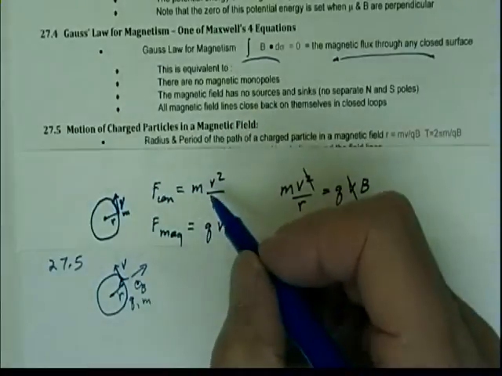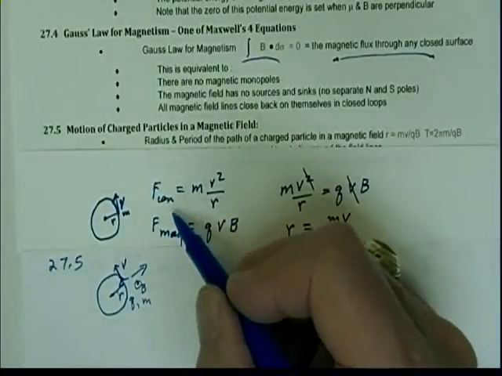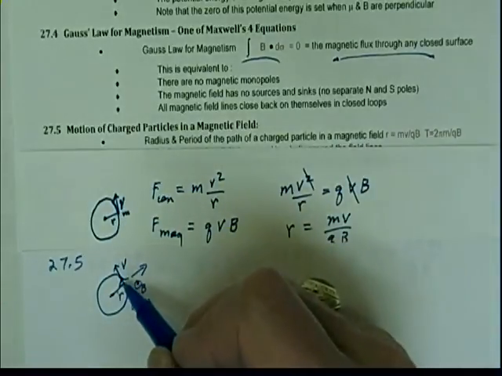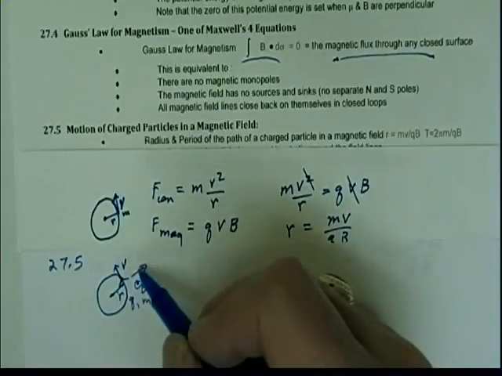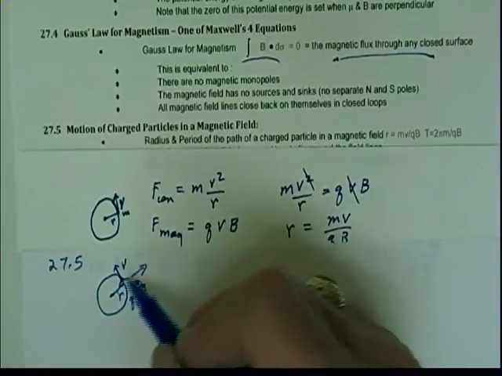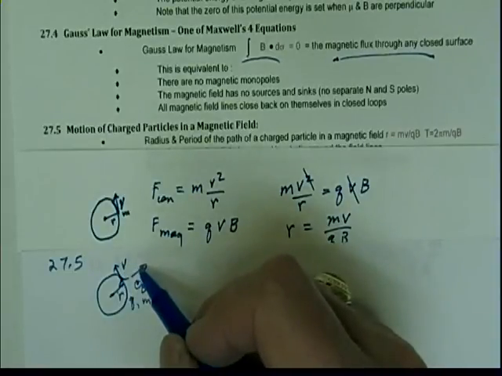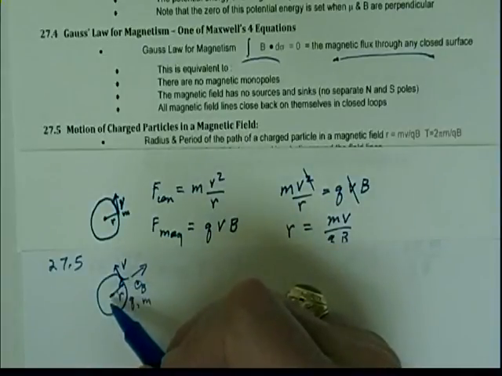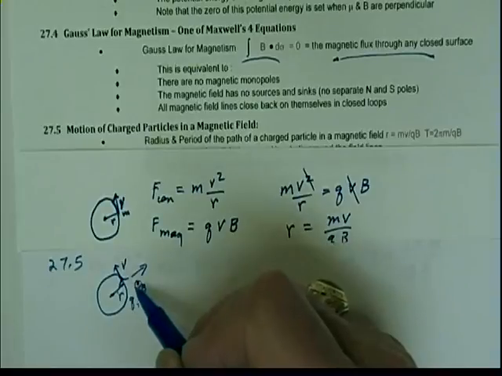First of all, we know that the centripetal force is mv squared over r. You recall that from when we talked about centripetal forces. So this particle wants to fly out in that direction, has a force in the outward direction. And now we need a force in the inward direction that would be comparable to that.